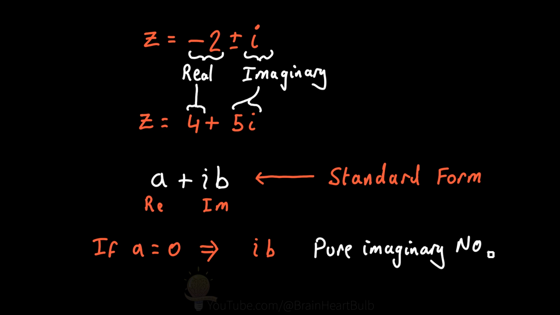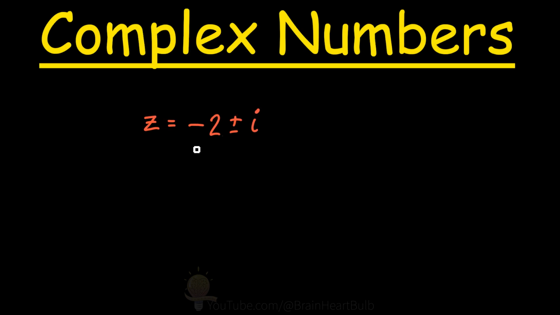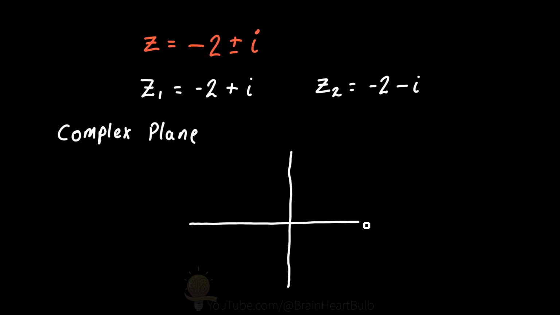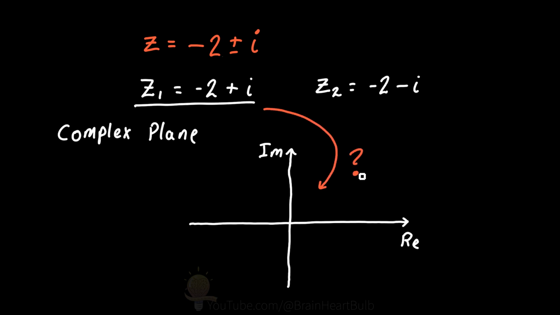We can plot both of our solutions now to our polynomial equation on something called a complex plane. And the horizontal axis represents the real component of the complex number, and the vertical axis is the imaginary component. So if we consider one of our solutions now, the minus 2 plus i, where do you think this complex number will be located on the complex plane?